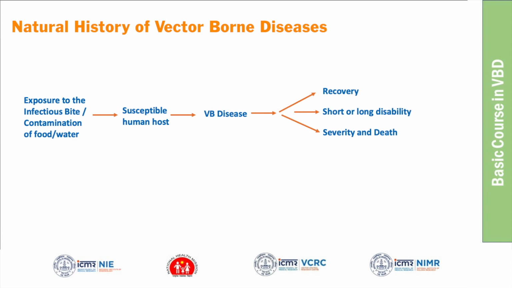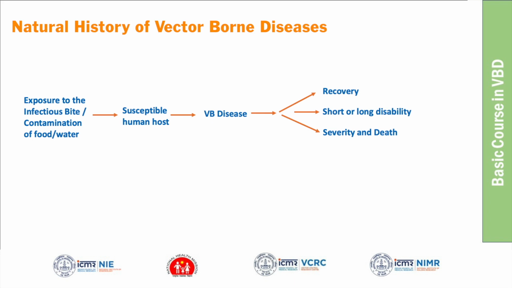So the natural history of vector-borne disease starts with the exposure to the infectious bite or contamination of food or water, that is mechanical transmission, as I mentioned. And you need a susceptible host to whom these infectious agents will infect and cause vector-borne disease. And there will be three outcomes. One is the recovery.